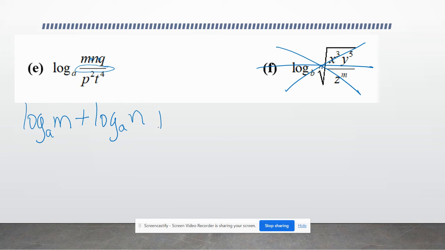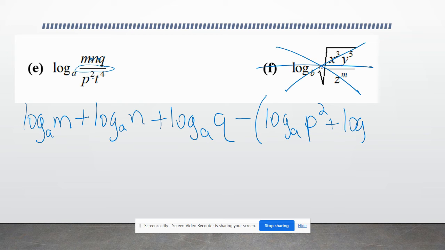That's times, so plus log base A of q. We have division, so that's minus. Now we have more than one thing happening in the denominator, so I'm going to put a parenthesis there. Minus log base A, we have p squared, times, so plus log base A of t to the 4th.